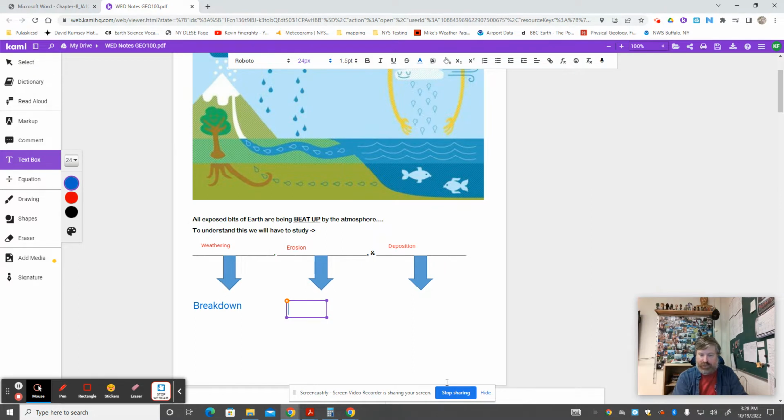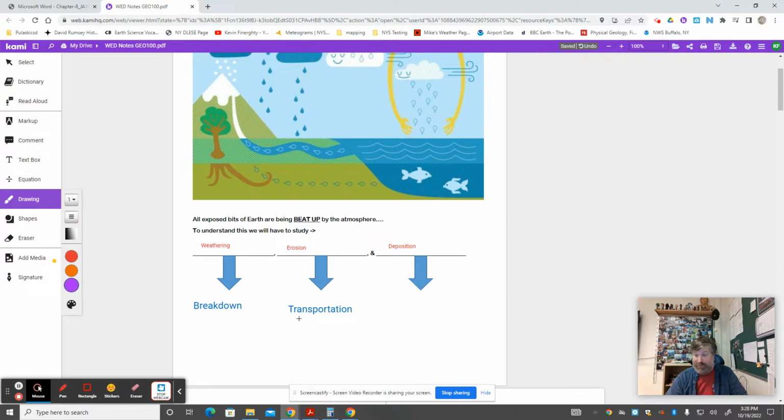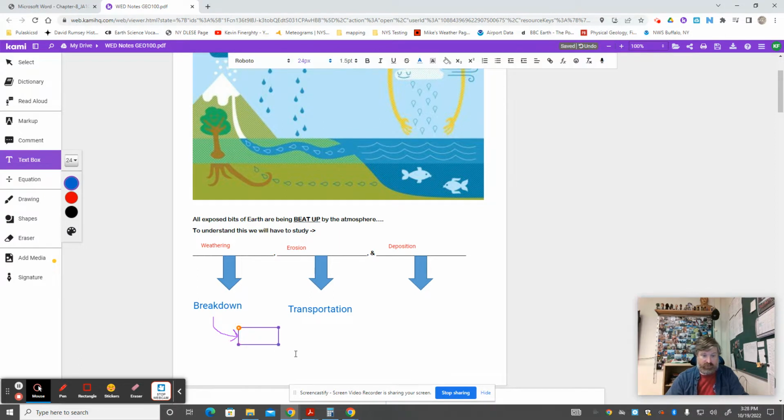Distinctly from that, erosion, we could think about more as the transportation of those broken down bits, which leads us to, hey, maybe we should have a name for that. So when weathering happens, it breaks down bedrock into sediments. And then erosion is the transportation of those sediments. And then finally, deposition is the drop off of those sediments, which happens in fairly organized bits.